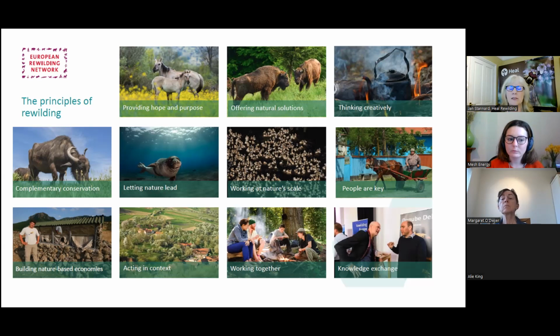A link here is that rewilding builds nature-based economies. So it's about building people who are looking at sustainable building in the countryside, for example, which some of you will be. That could be seen as a nature-based economy because you're doing something that helps biodiversity and the climate.